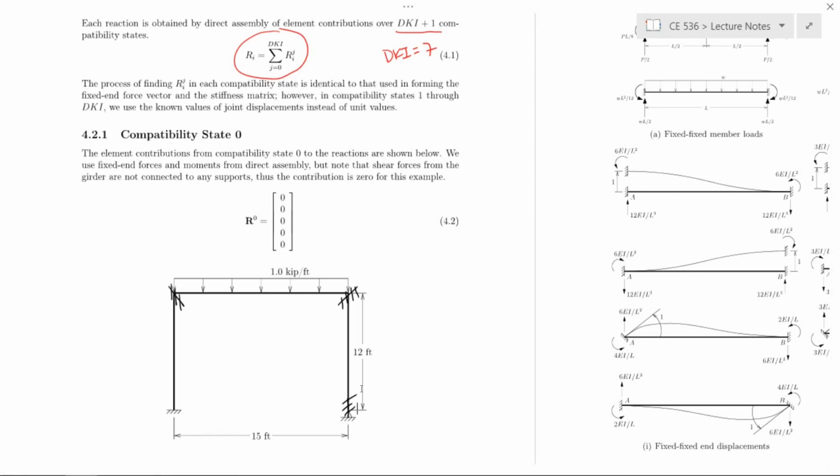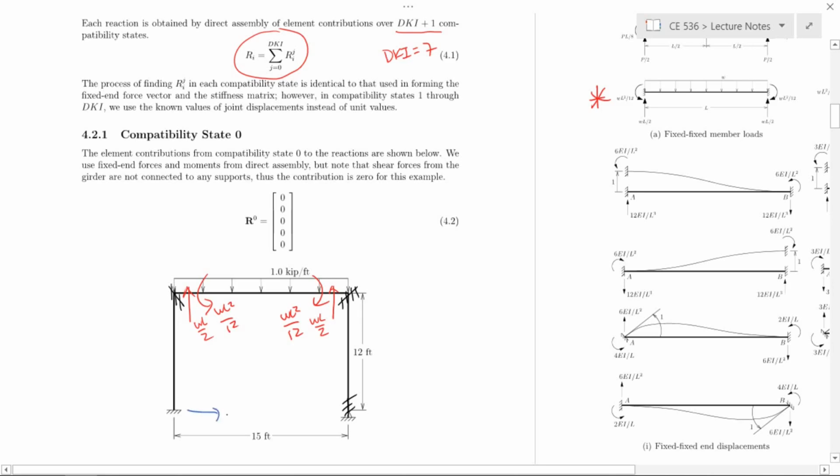We look at the case of a uniform load on a fixed beam, which is what's happening here with the girder: wL over 2, wL over 2, and then wL squared over 12, and wL squared over 12. Then we want to write in the contributions to the reactions from this compatibility state.